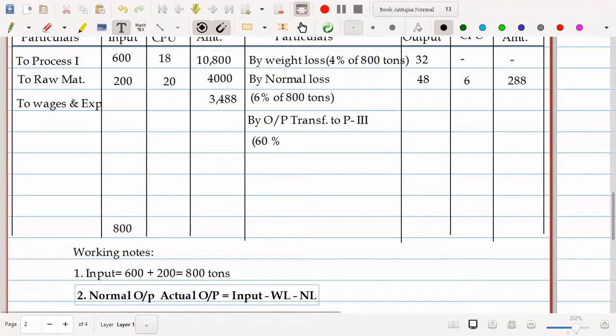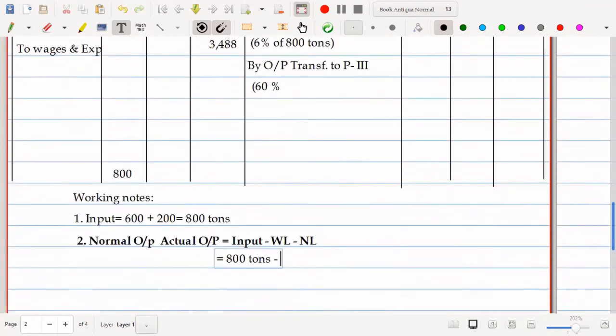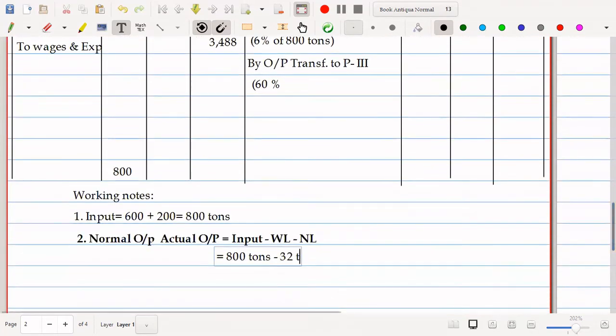So it is 800 tons minus, what was the weight loss here? Weight loss we had taken in the problem, 32 tons, minus 48 tons.